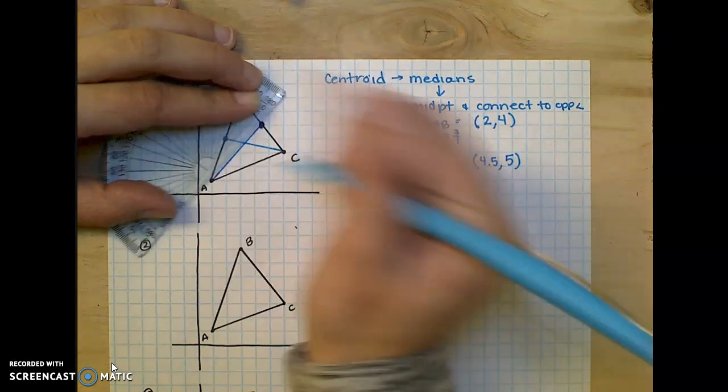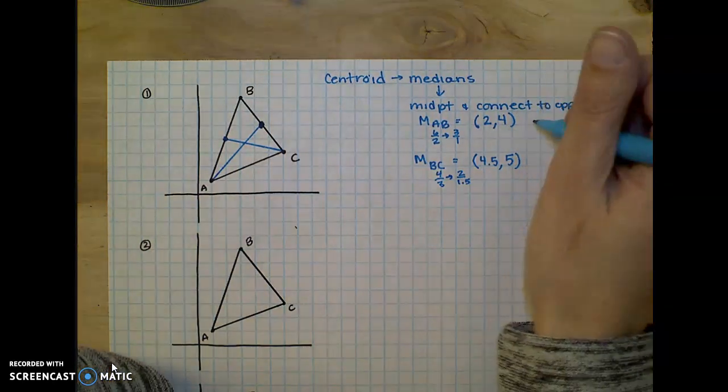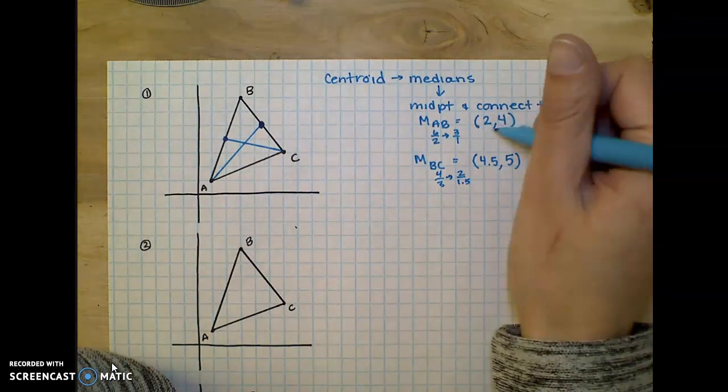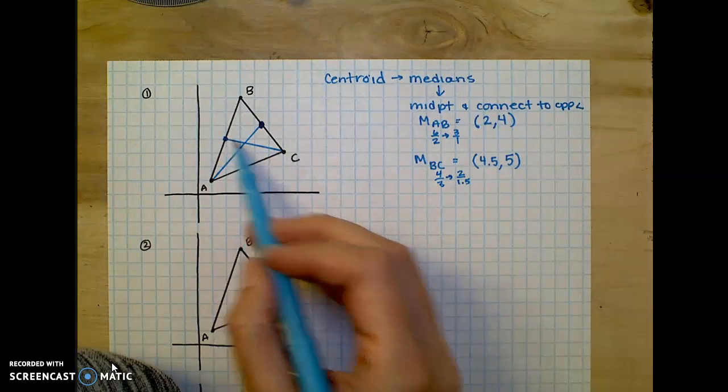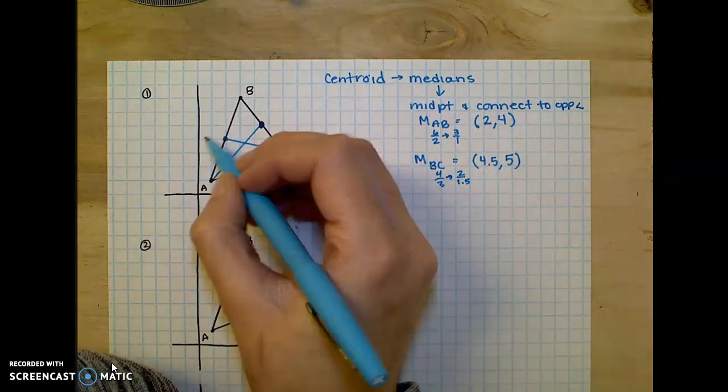Now, if I were to write the equation of those lines, we would put it in point-slope form. So I have the point that I'm going to use, but I need to find the slope of this line.